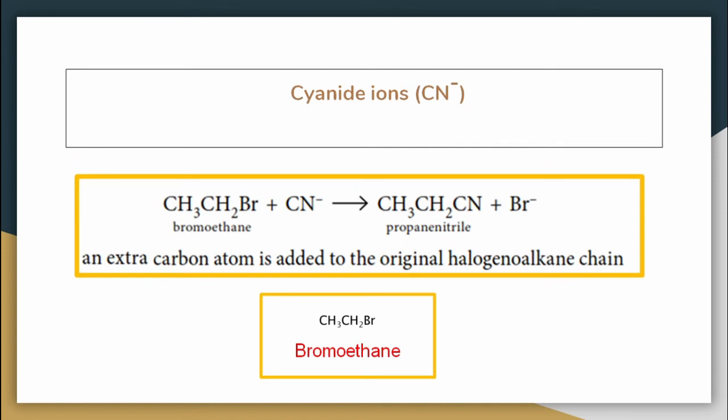Cyanide ions are the other one. When a halogenalkane is heated under reflux with a solution of sodium cyanide, the product is called propane nitrile. The name shows that it contains 3 carbon atoms.